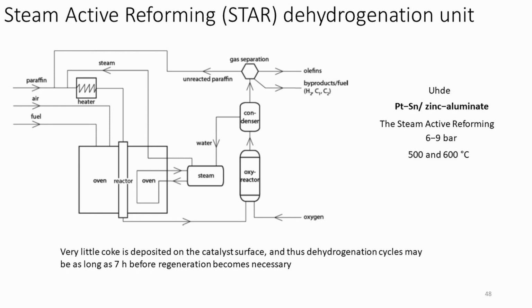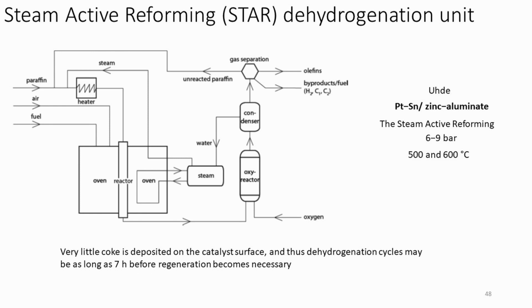Because the catalyst has to be stable in the presence of steam, platinum-tin supported on zinc aluminate is used with calcium aluminate as a binder. Very little coke is deposited on the catalyst surface, and dehydrogenation cycles may be as long as 7 hours before regeneration becomes necessary. A fixed-bed reactor system is used, consisting of two separate reactors placed in series.